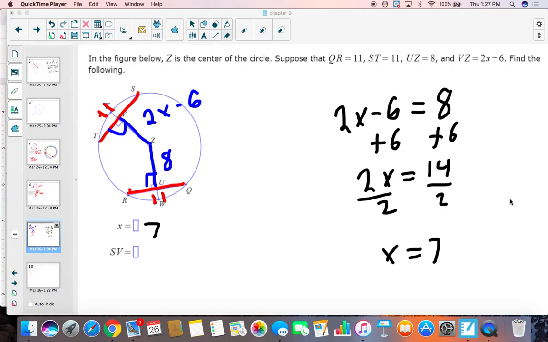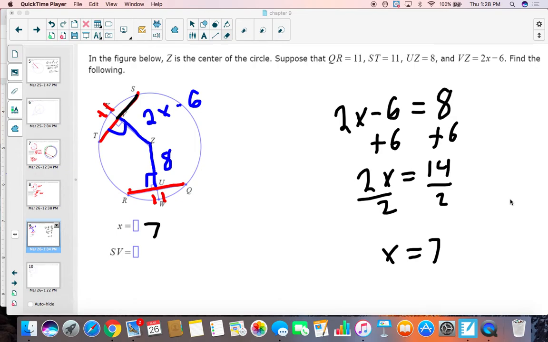And SV is just this little sliver right there. Well, if that whole chord is 11, and since we know this radius is intersecting it at a 90-degree angle, we know that ST, the whole chord, is being bisected by the radius.